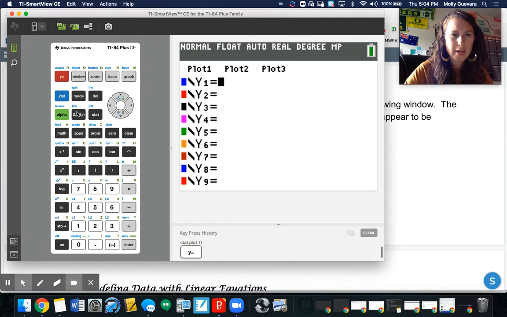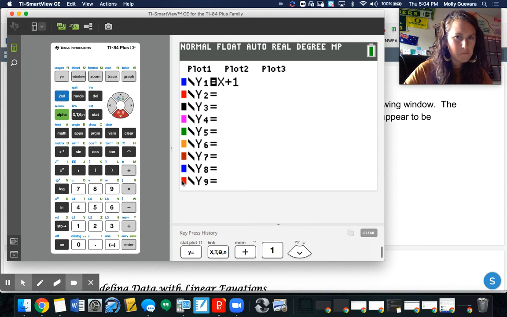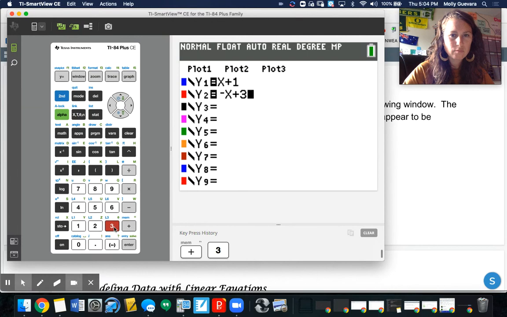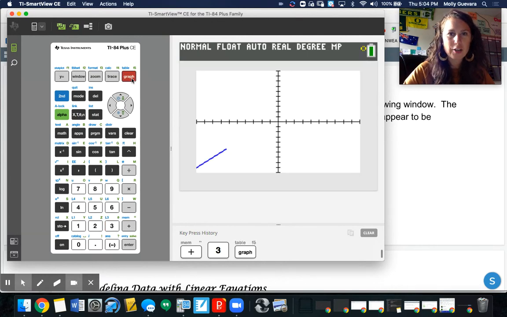Here's my x right next to alpha, x plus 1. Then I hit the down arrow, and the second equation is negative x plus 3. Then in the top right corner, I hit graph.